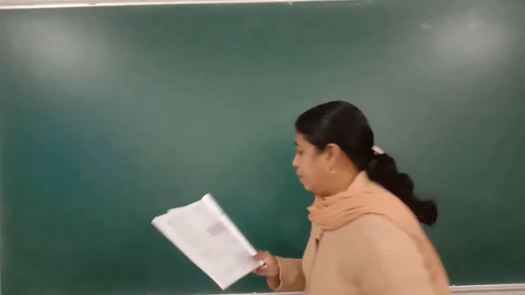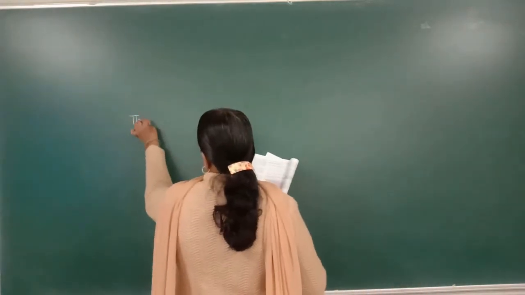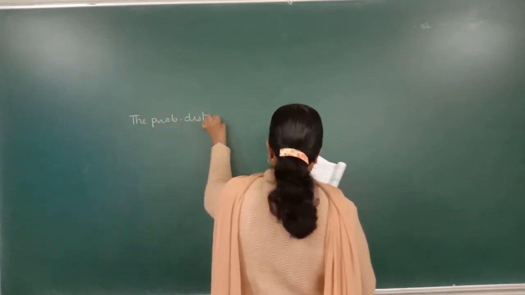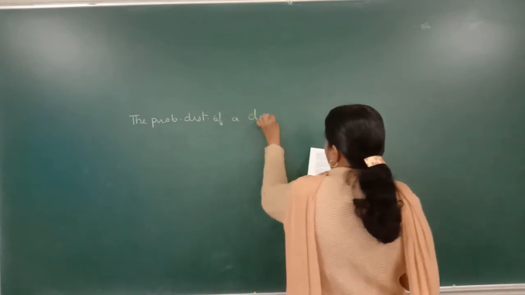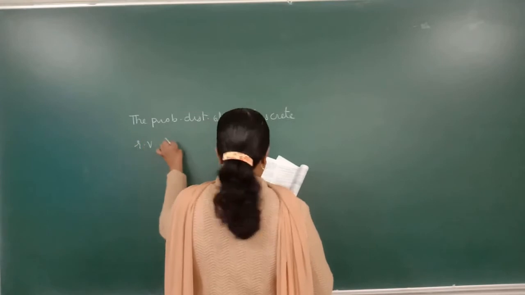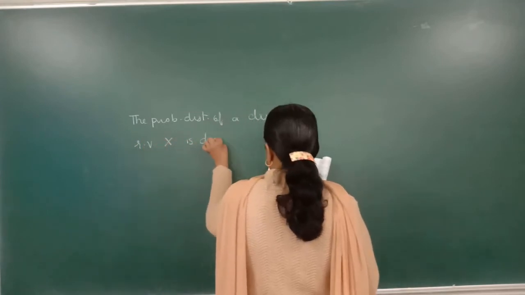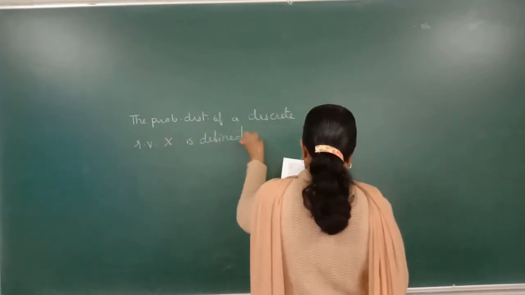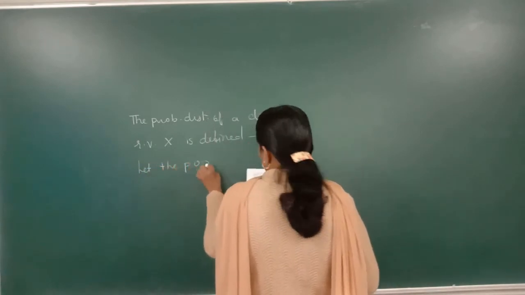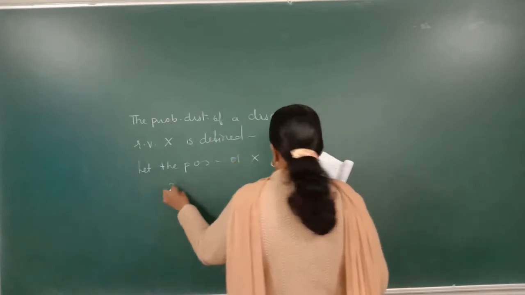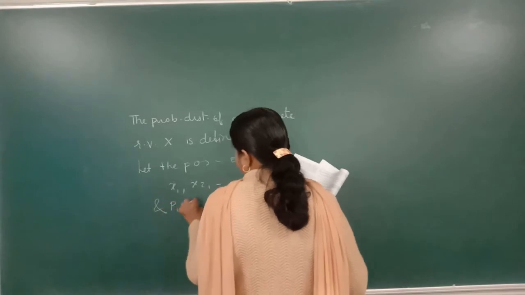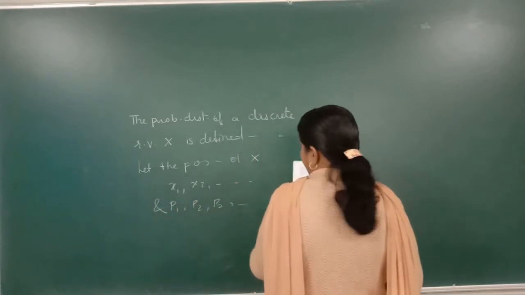I will write down the definition. The probability distribution of a discrete random variable x is defined as, see, let the possible values of x be x1, x2, x3 and the corresponding probabilities p1, p2, p3 and so on.